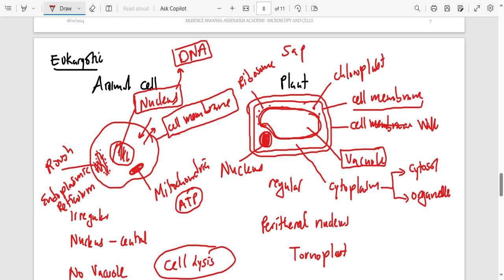What other thing here? Mitochondria, I already said it makes energy. Now the endoplasmic reticulum. The rough endoplasmic reticulum contains these ribosomes. Ribosomes, these small structures which you can see, they are involved in making proteins.